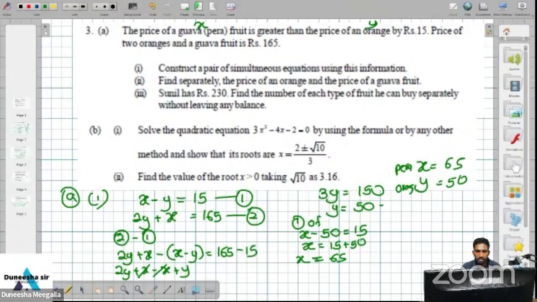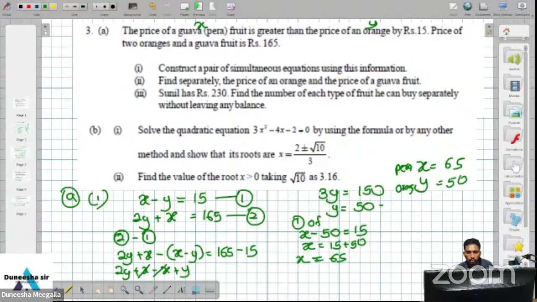Okay, I finish. If you finish, raise hand. Third question: Sunil has 230 rupees. Find the number of each type of fruit he can buy separately without leaving any balance. How many can he take?